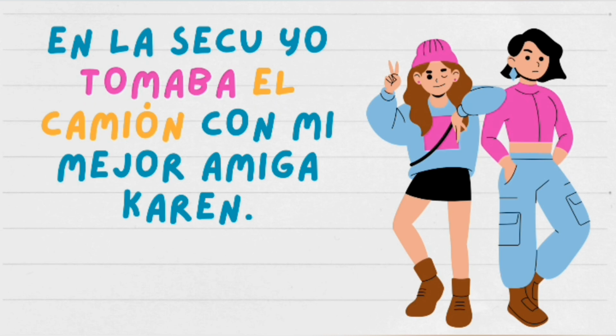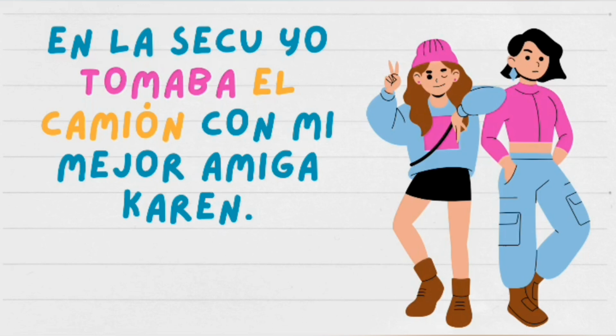So if you want to say, in junior high school, en la secu, you can say secundaria, that means junior high school, or simply like a contraction, secu, en la secu, in junior high school, I took the bus, yo tomaba, I took, verb in the imperfect past, the bus, el camión, with, con, my best friend, mi mejor amiga, Karen.